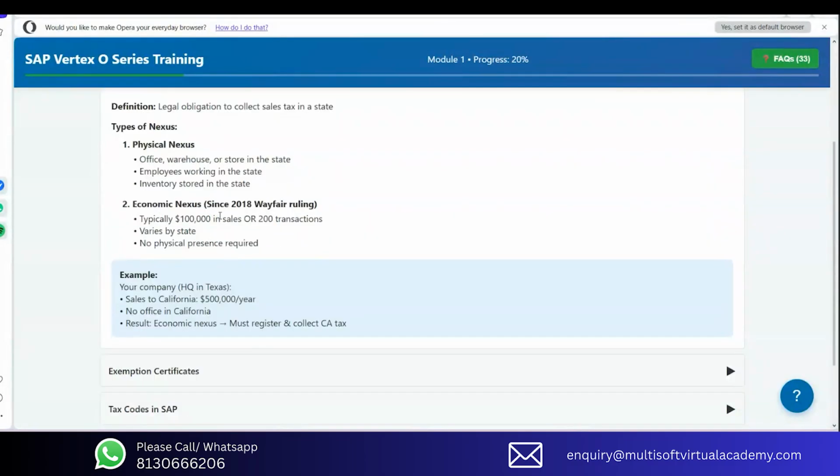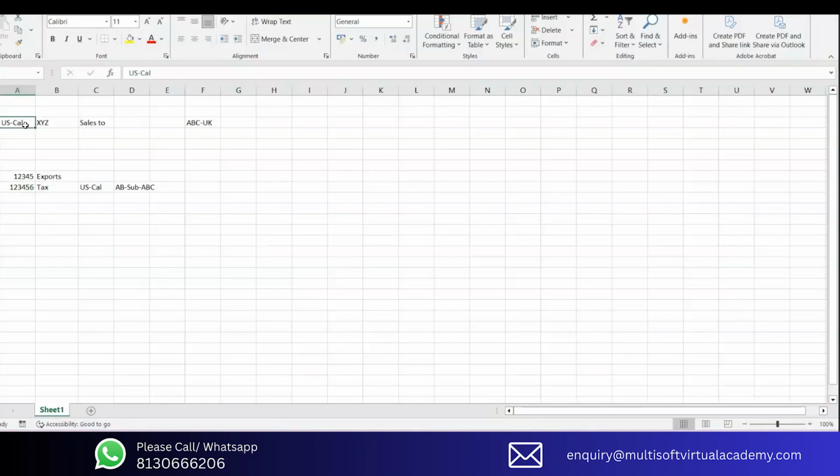Economic nexus, in the sense, typically in the US, if you are selling to one particular party more than $1 lakh, then you have economic nexus. If they are dominating you, for example, a US company sells to ABC UK. Suppose the UK sales total turnover is 1 million.